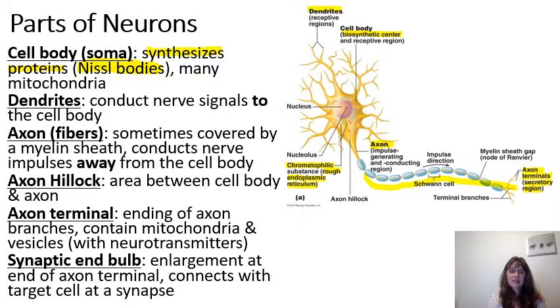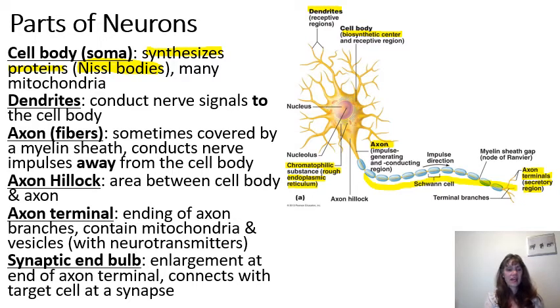The axons are also sometimes referred to as fibers. Sometimes axons are covered by a special covering called a myelin sheath, which helps conduct nerve impulses more quickly than if there were no myelin sheath on the axon.